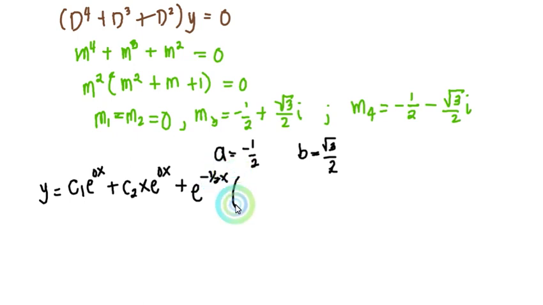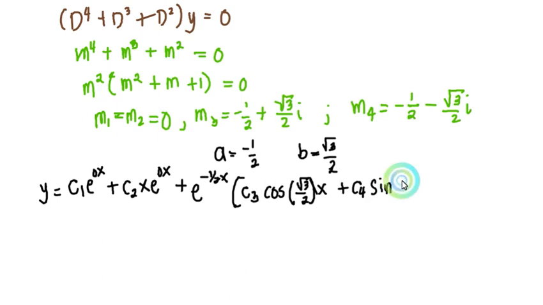Then, I have cosine. So, C3 cosine bx. So, that is cosine square root of 3 all over 2x. So, plus C4 sine bx. So, square root of 3 all over 2x.